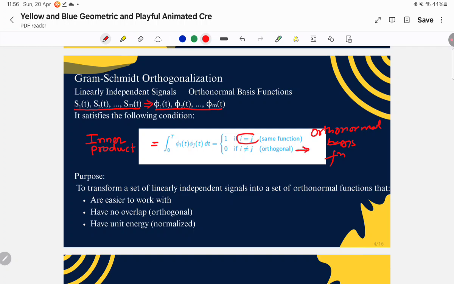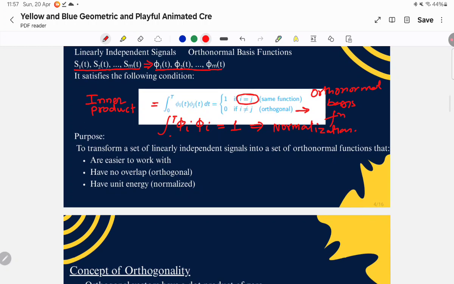If both are same, means phi i and phi i, if we take phi i into phi i, then this value is going to be 1, means this is the orthonormal condition. So when the inner product of phi i and phi i becomes 1, then this is called the normal condition, means we are doing normalization.